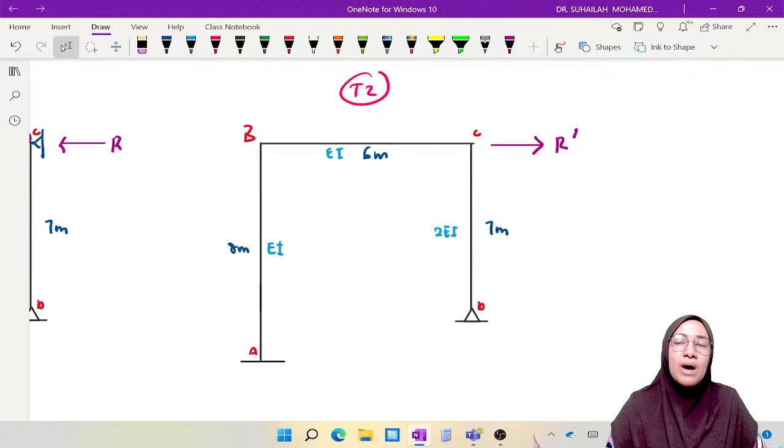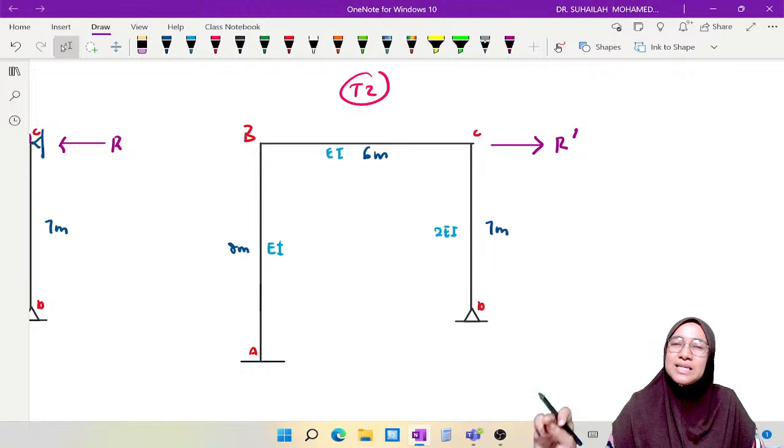This is due to R prime, because we analyze it indirectly. We don't analyze the frame subjected to R, because we do not know the delta value. So what we should do is have another frame which is proportional with the one that we get from principle of superposition.